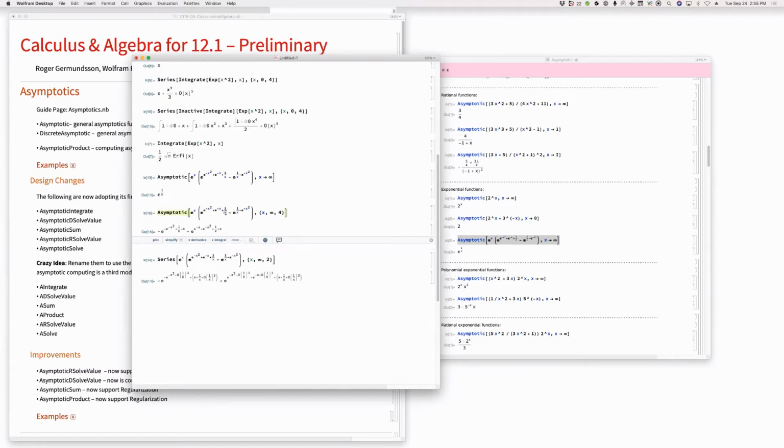There are different orders of growth. That can't be expanded in X powers. Can't express e to the minus e to the minus... fair enough. Squared. Okay. And it's the same.